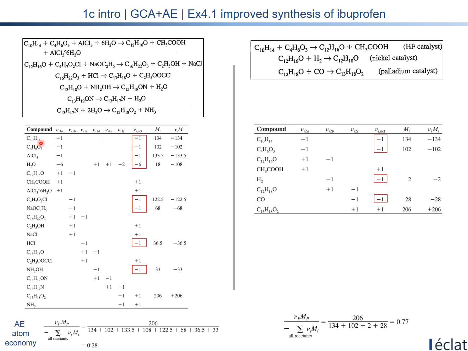For example, C10H14 is involved in only the first reaction. So let me check the stoichiometric coefficient of this compound. 1 as the reactant. So I have written down -1 for the C10H14. Let me check the other compound. For example, C12H16O. You can find this compound in the first chemical reaction equation and also the second chemical reaction equation.